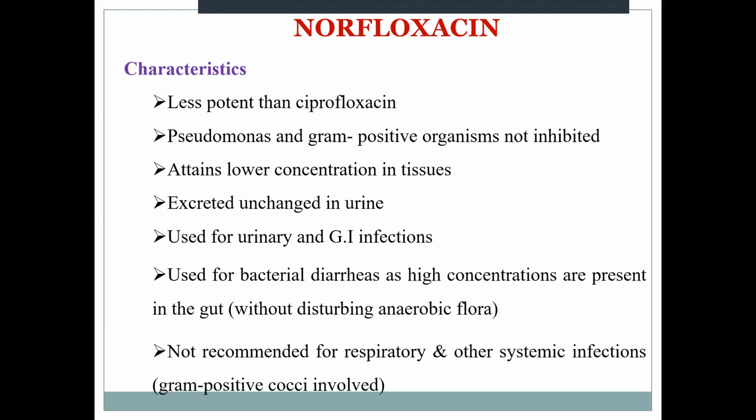Ciprofloxacin was effective against Pseudomonas and gram-positive organisms at high concentration, but this compound is not effective even at that concentration for Pseudomonas and gram-positive organisms. So it is only effective against gram-negative organisms. Penetration of this drug in various tissues is less as compared to ciprofloxacin.